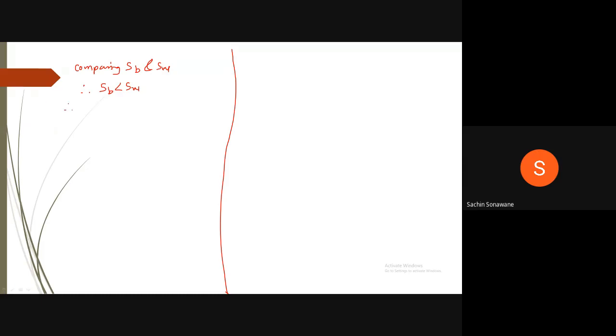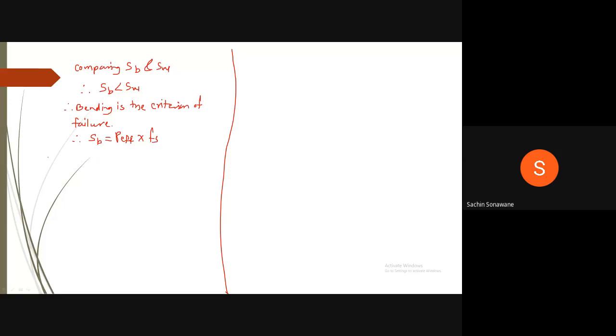Therefore, bending is the criterion of failure. Therefore, write down SB is equal to P effective into Fs.